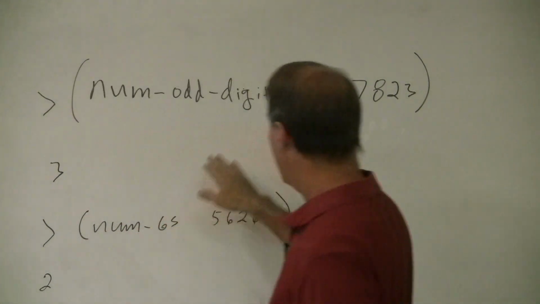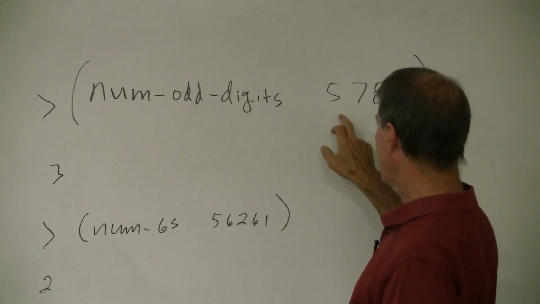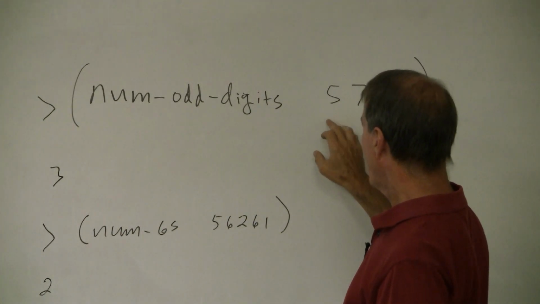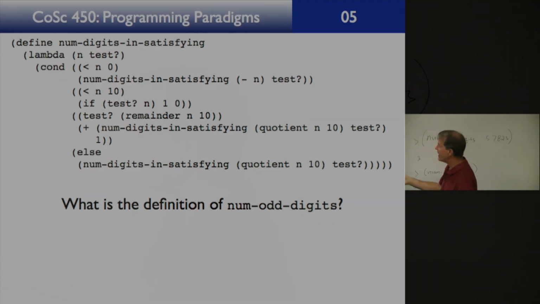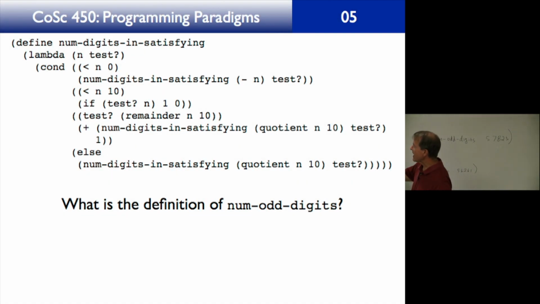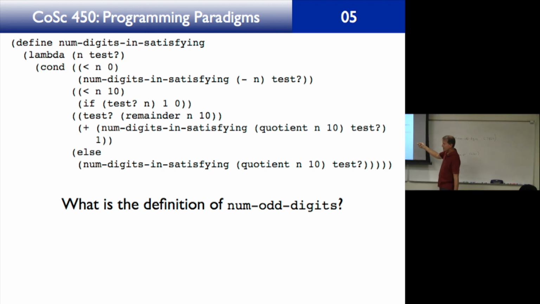So if we want to define num odd digits, then what will we pass to num digits in satisfying? Because look, what is the parameter list of num digits in satisfying? It says lambda what? N and test. Now, is this n an actual parameter or formal parameter? Formal. And what about test?